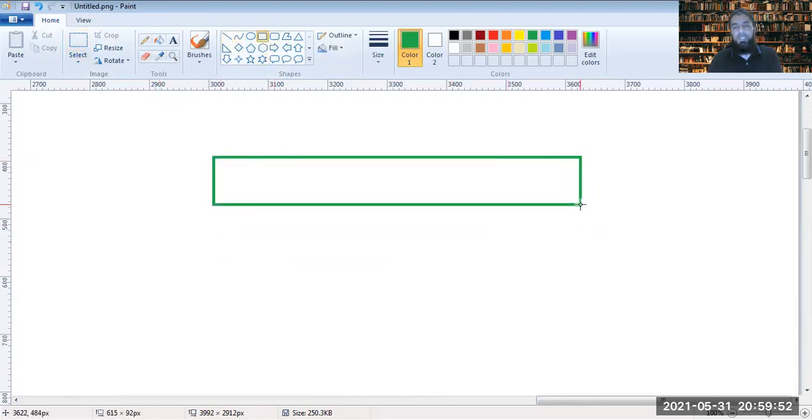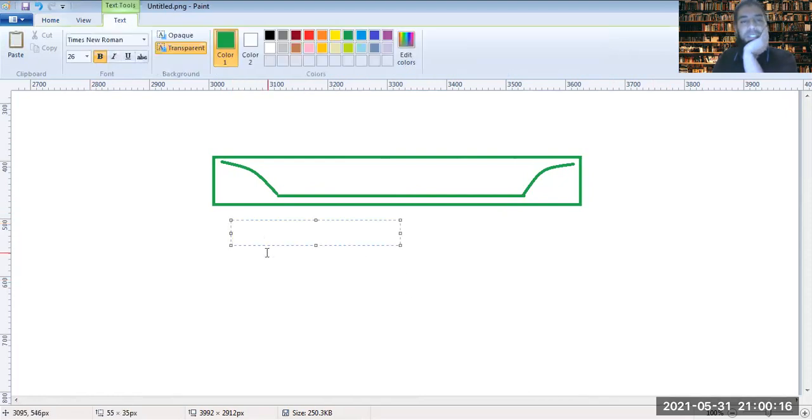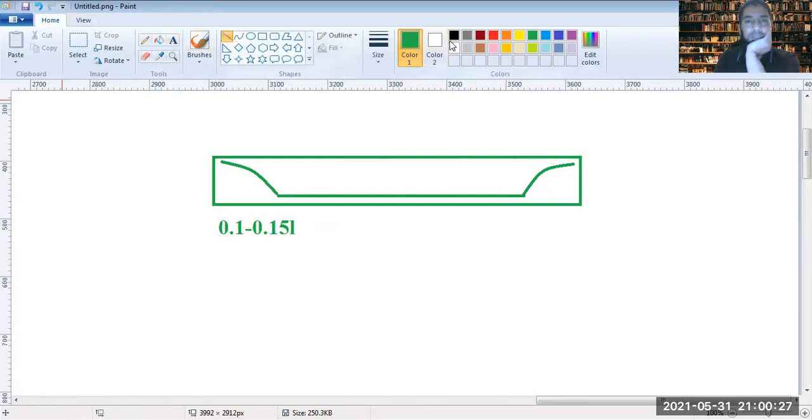So this is the slab, and the ends are cranked up somewhat like this, or bent up, and this is the center portion. Then you would have this from 0.1 to 0.15 of total length L from the ends up till this point.